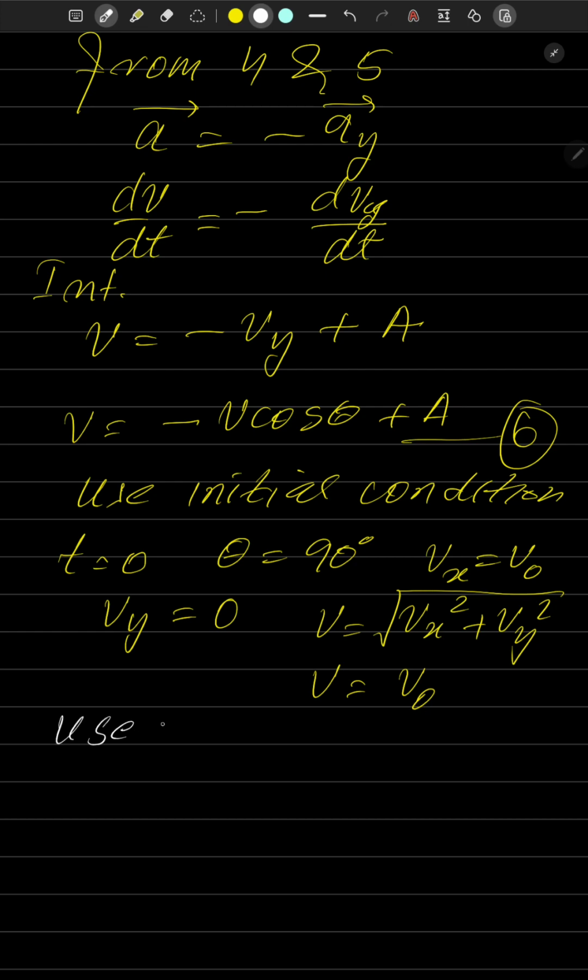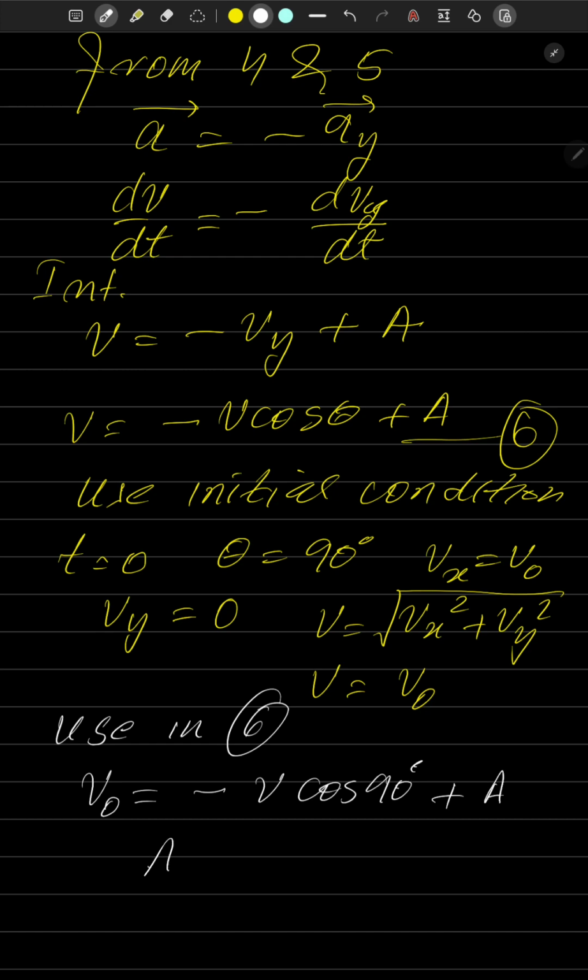Use equation 6 to find v naught. So you will get v naught equals v minus v cos theta, and you know that from the initial condition we can use theta as 90, and this is a. That will clearly give you the value of a.